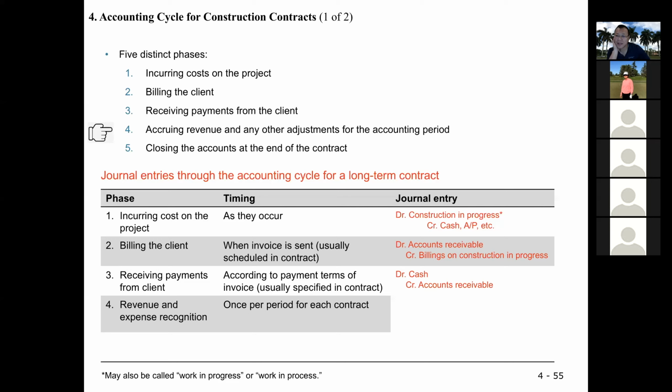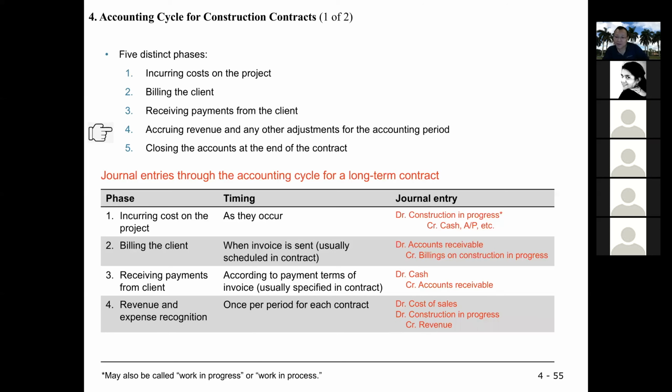That's right. Because when you recognize sales, you also recognize cost of sales. Remember the matching principle? But there is another debit, because cost of sales for a profitable contract will be less than sales. So you need an additional debit to construction in progress.